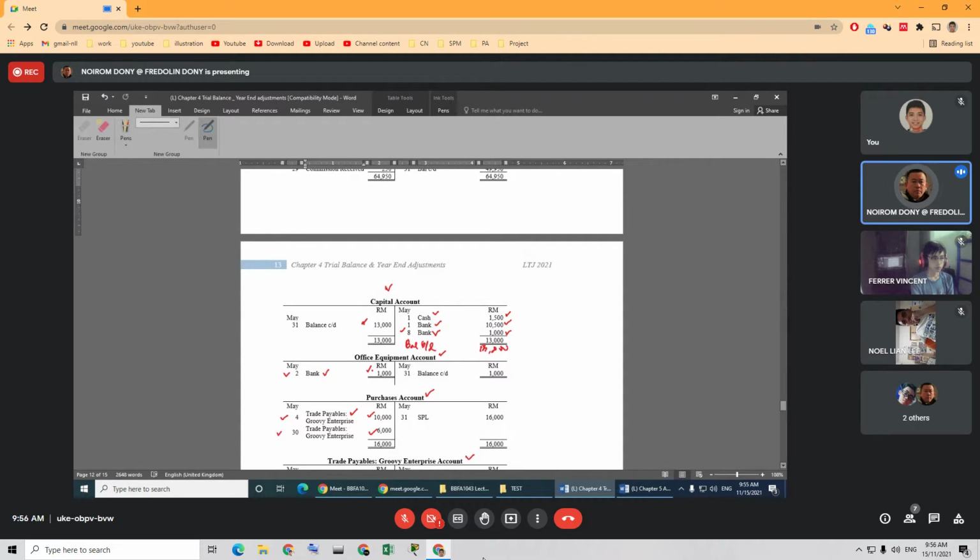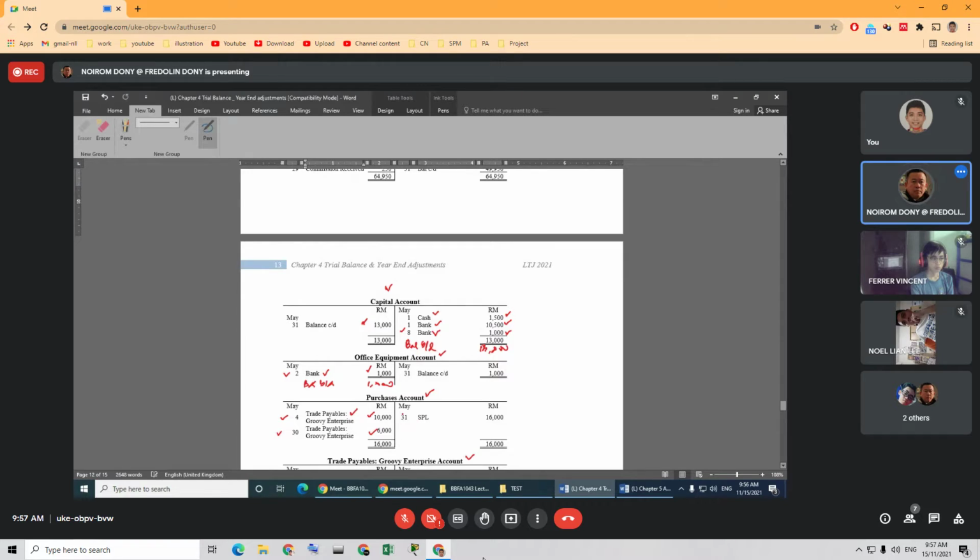We don't have to put the upper single line. Underneath we put a double line, and we put another figure here, 1,000, and do the double line. In the particular, you write down balance c/d, and the opposite balance b/d. So debit balance 1,000.